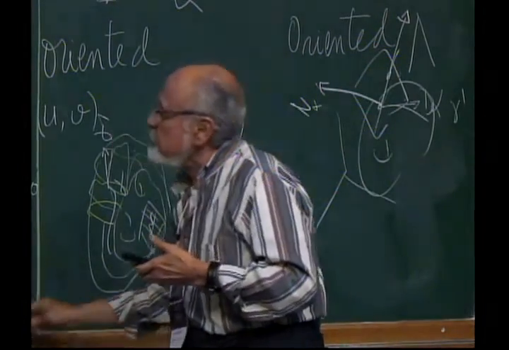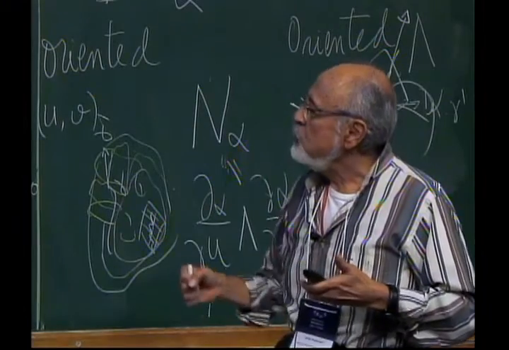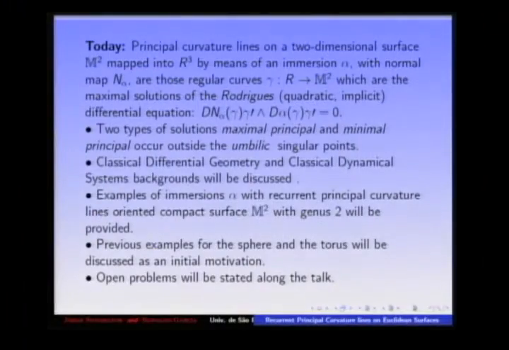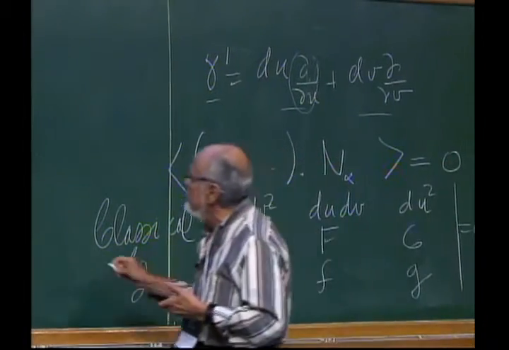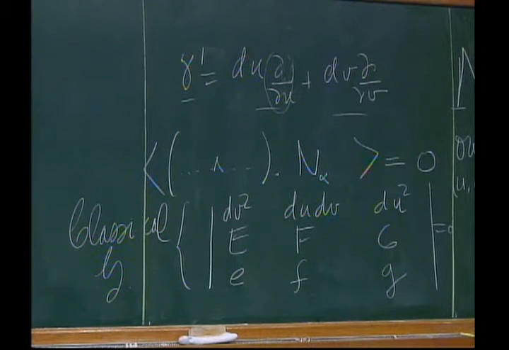But here I put my subject in the realm of classical geometry. This equation, as you see, you can write in the tangent bundle, and here you have the projective bundle.